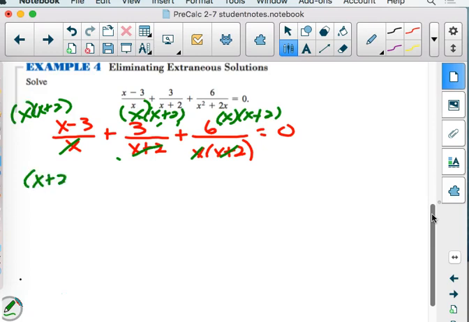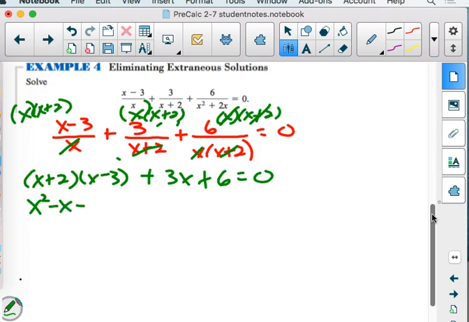So x plus 2 times x minus 3 plus 3x plus 6 equals 0. Let's try that again. x squared minus x minus 6 plus 3x plus 6 equals 0. x squared plus 2x equals 0.